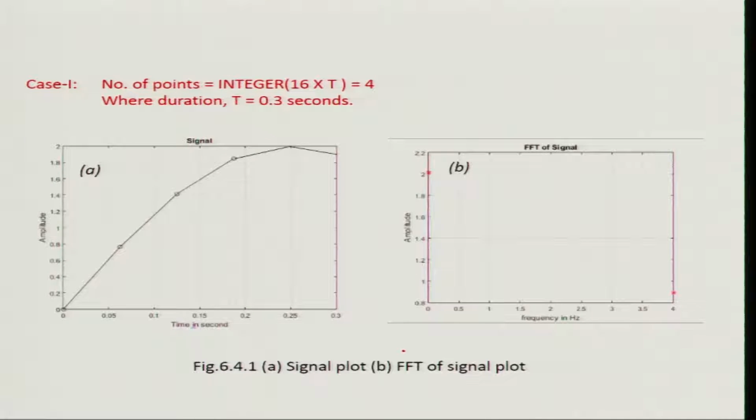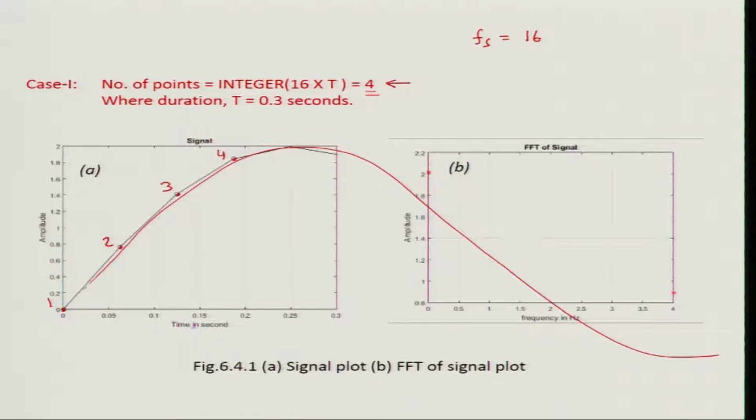In the first case, I am just recording 4 points: point 1, point 2, point 3, point 4. The actual signal is going to continue like this, but I am only recording these first 4 points. In this case, our sampling frequency is 16.